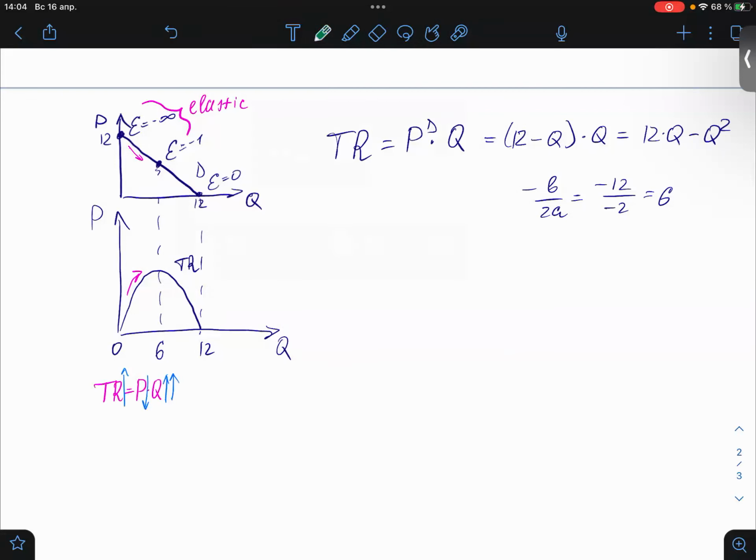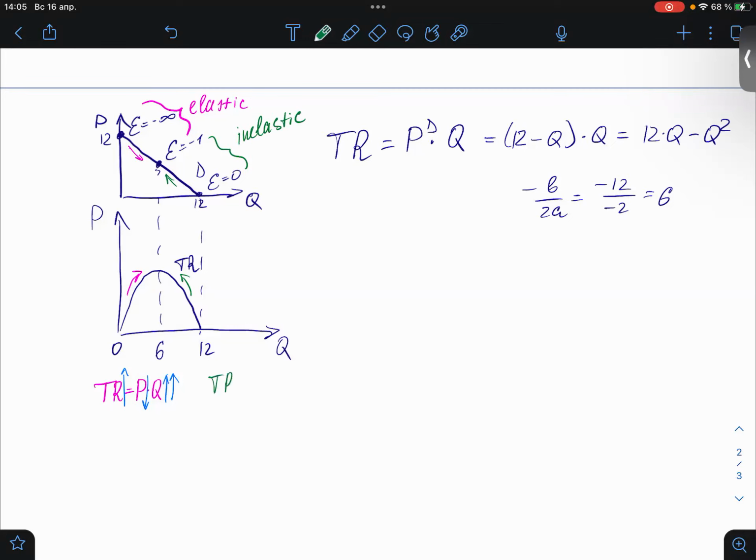And another part, the inelastic part, a low reaction of consumers to the change in price. Here, to increase total revenue, we need to increase the price. Why?